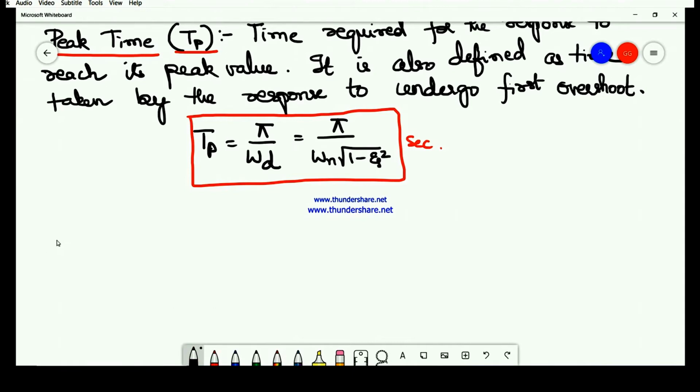Now we'll go for the next definition, which is peak overshoot. What is peak overshoot, Mp?